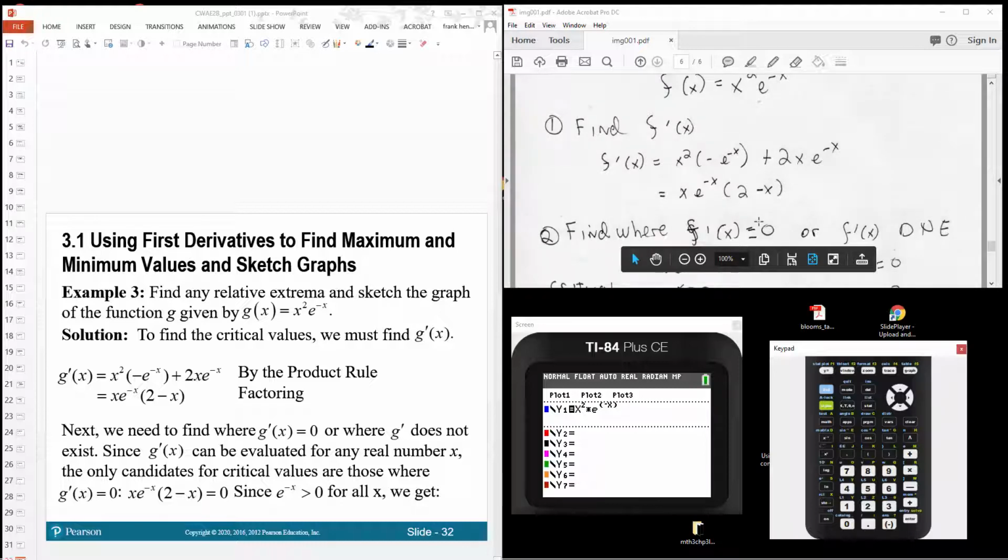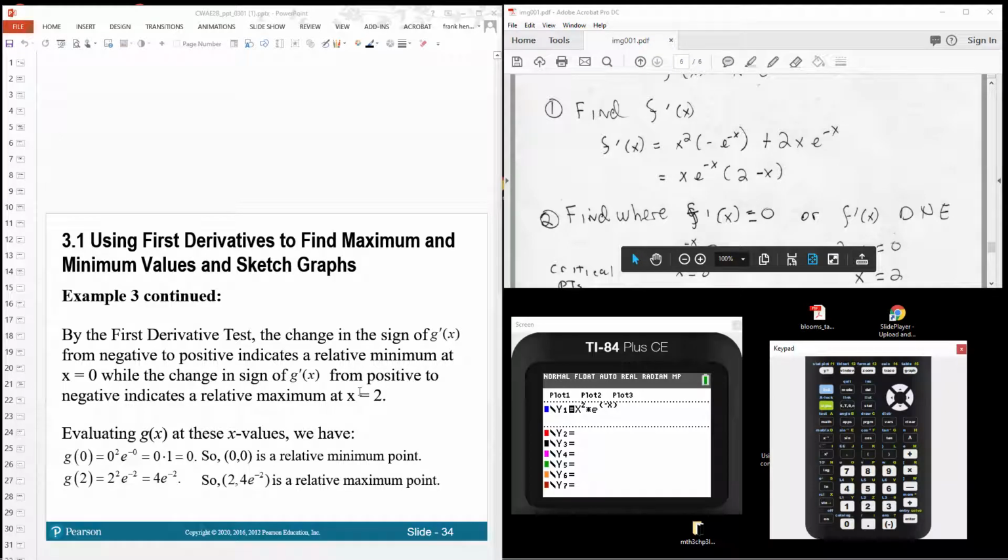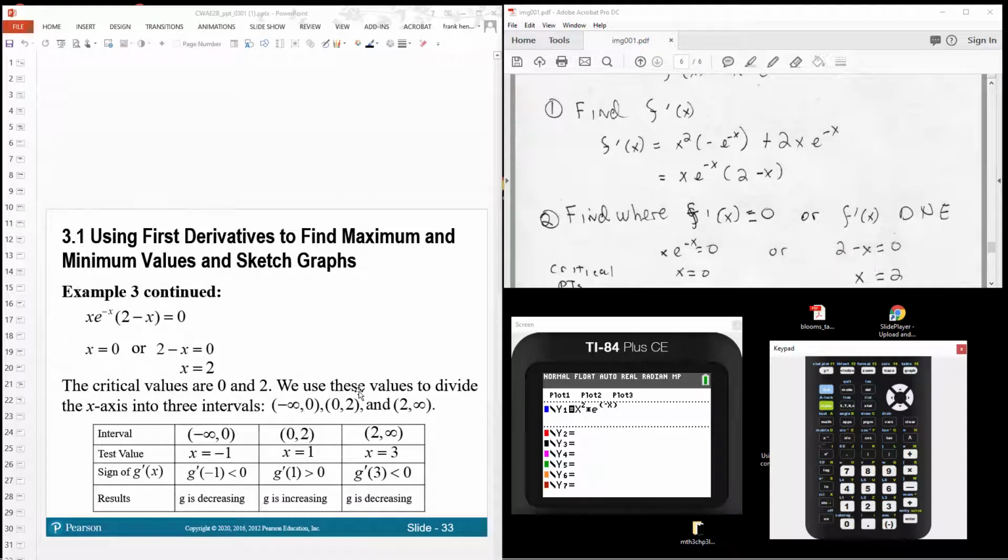Second step, find where f prime is 0. So you have a 0 at 0 and 2.